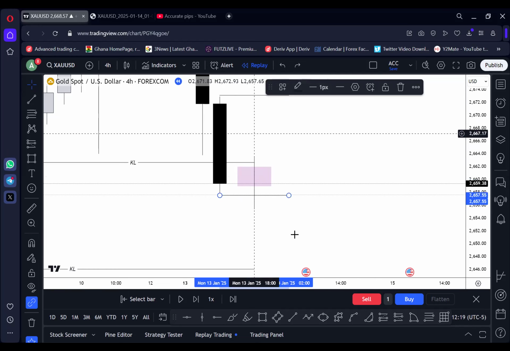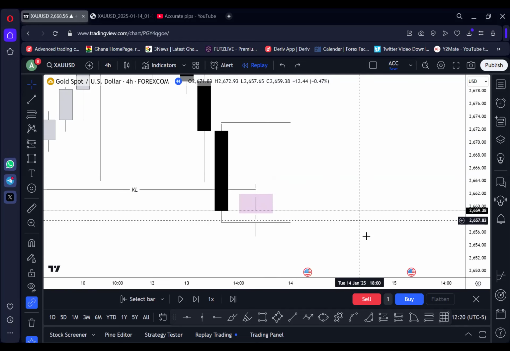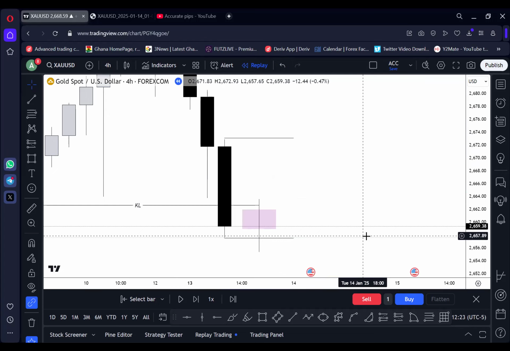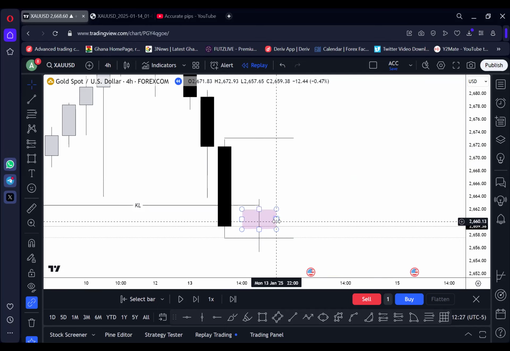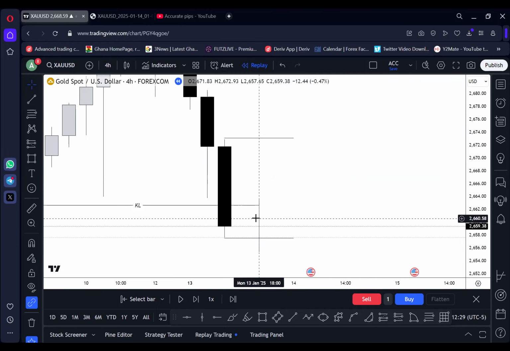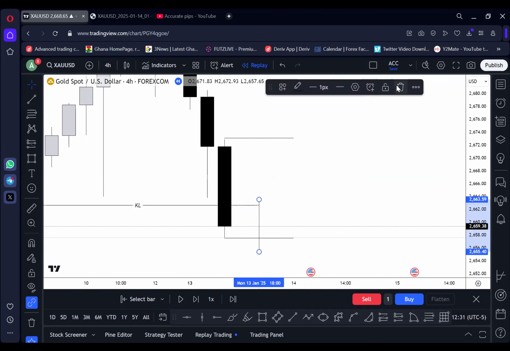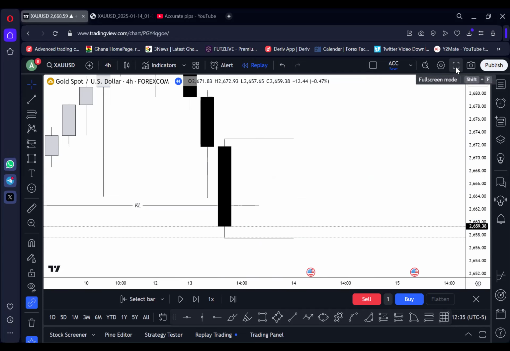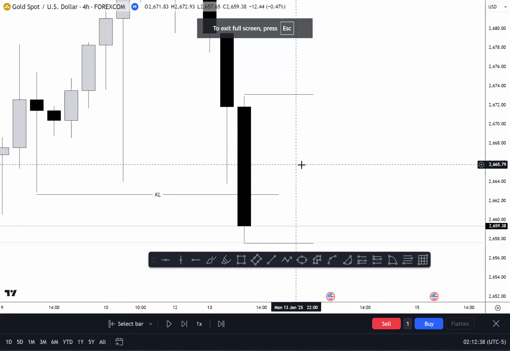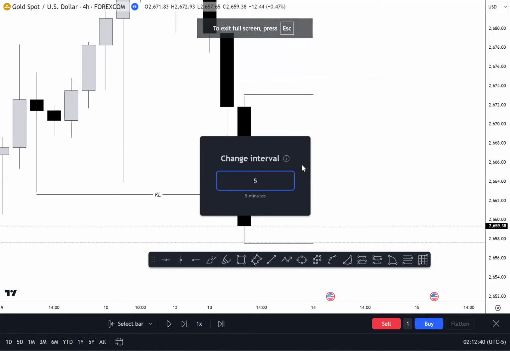During this purging process, that is when we are going to move to our 5-minute time frame. So let me delete this, and then we go to the 5-minute time frame.